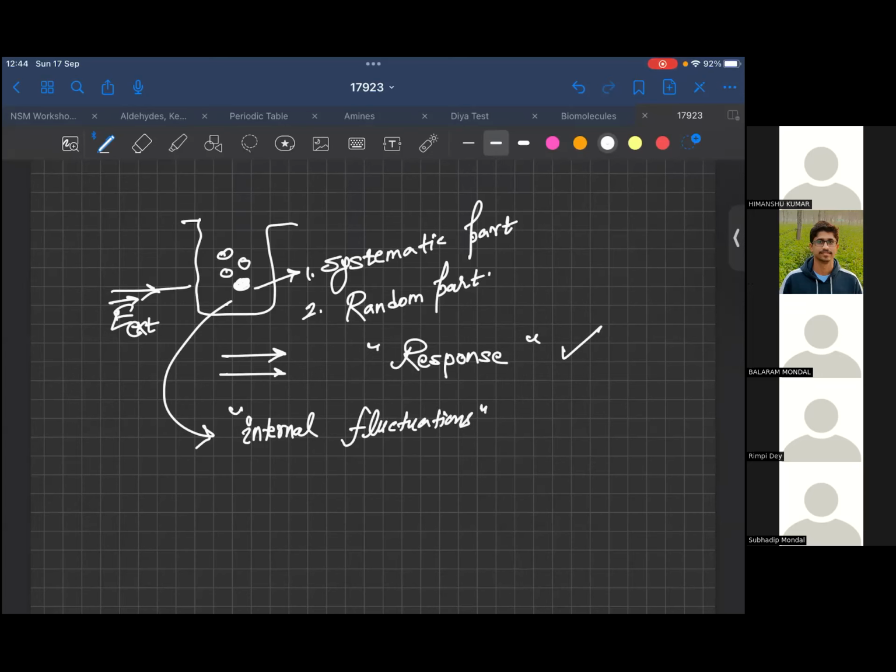So the main idea of this fluctuation dissipation theorem is getting a relationship between this internal fluctuations and the external response. This idea can actually be philosophically connected to our own lives.